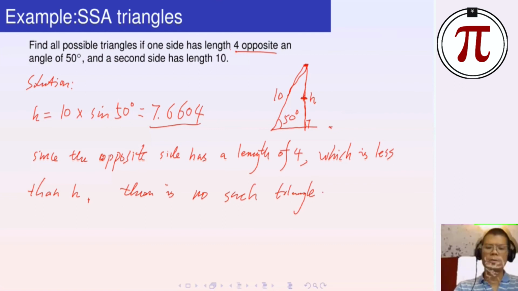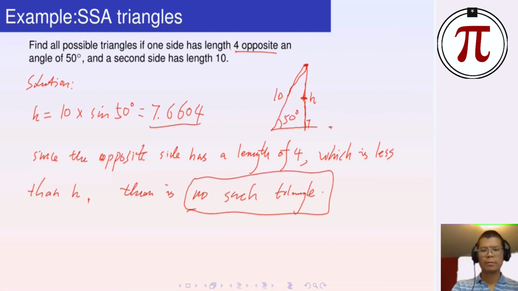There's no such triangle, right? Make sense? To find h, we always use an adjacent side times the sine of the angle. If the adjacent side was on the bottom, you use the same thing?